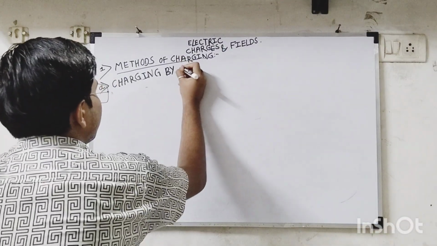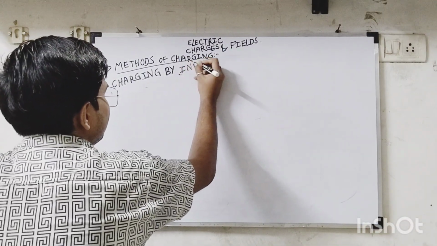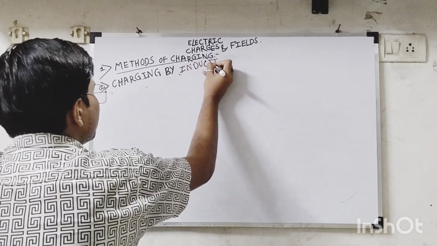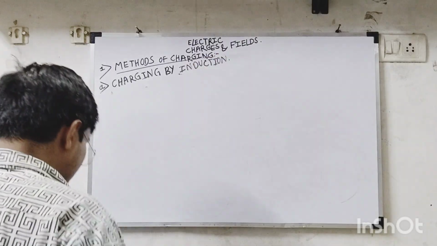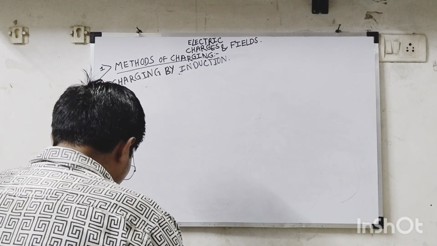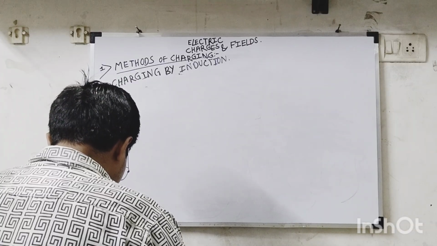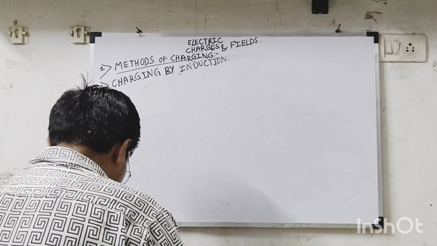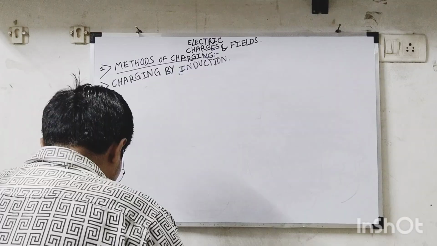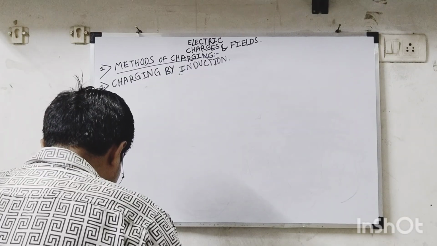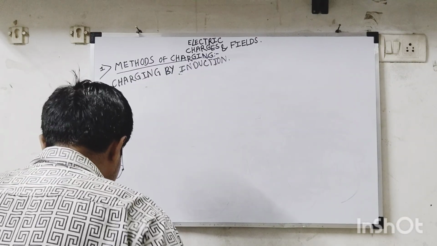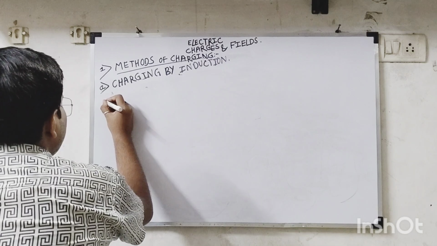Charging by induction. Now, a pretty good concept to come. If a charged body is brought near an uncharged body, then one side of the neutral body closer to the charged body becomes oppositely charged, while the other side becomes similarly charged. Okay, what is the point?